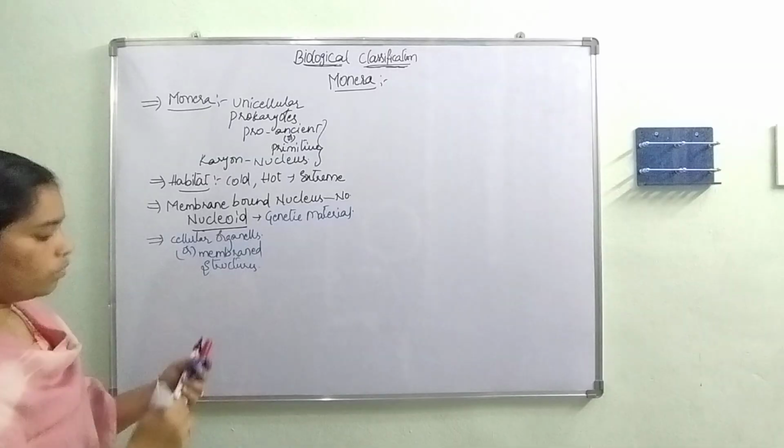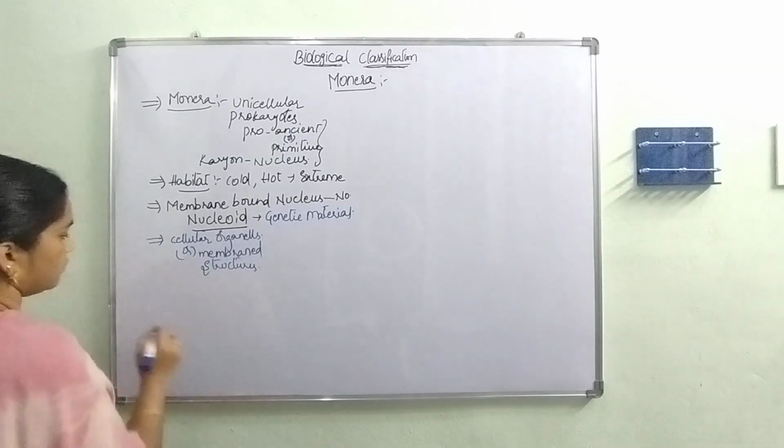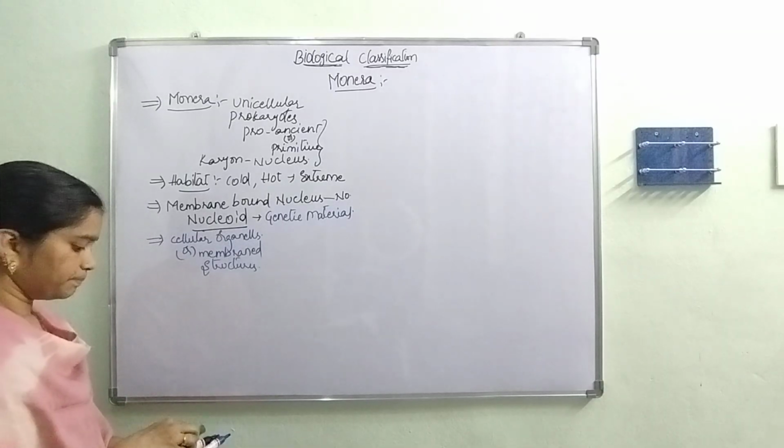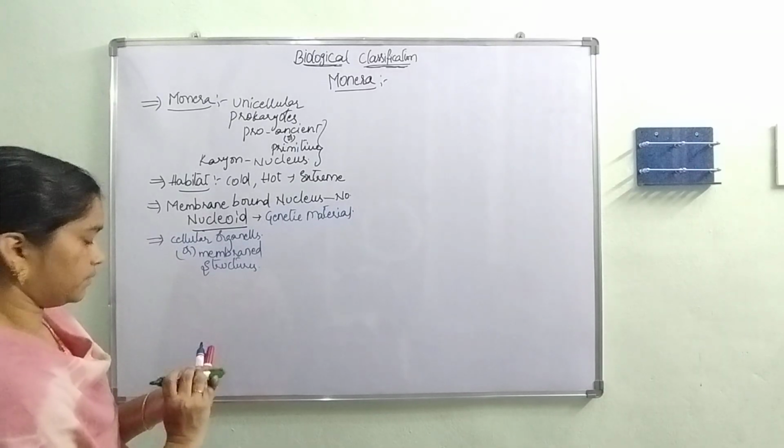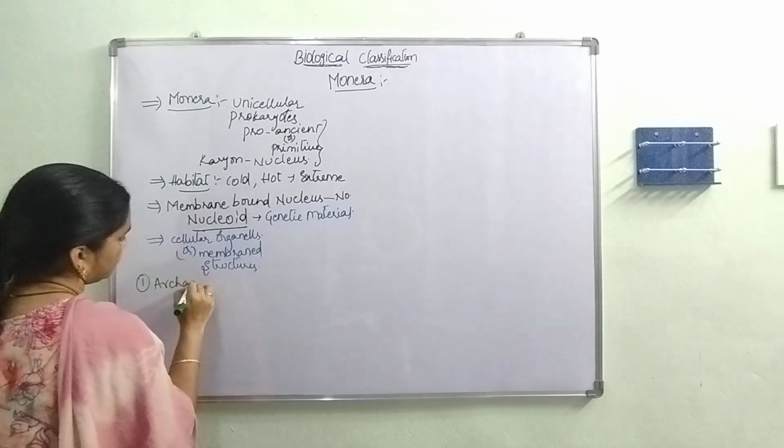Now, the Monera is divided into types of bacteria. They are, first, archaebacteria.